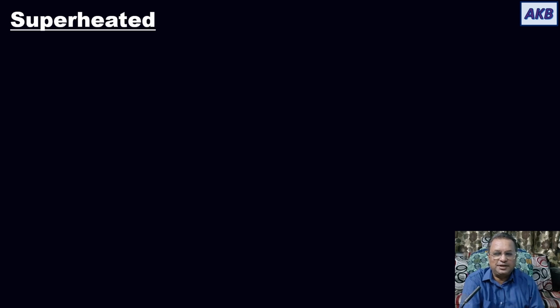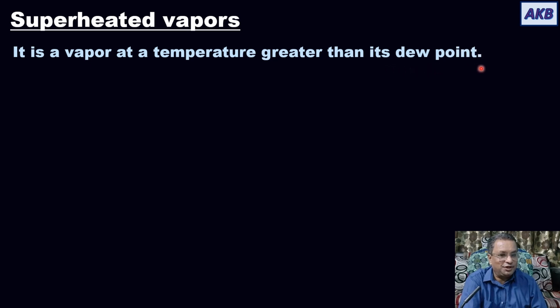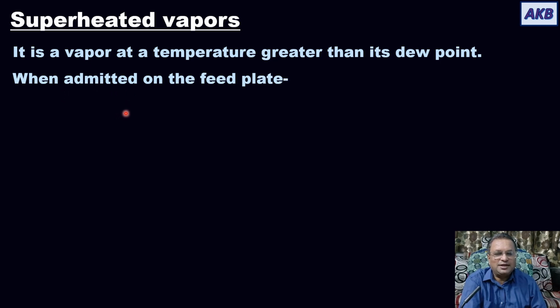Okay. Now let us talk about the last type, that is superheated vapor. Now what is superheated vapor? It is a vapor at a temperature greater than its dew point temperature. So when the temperature of the vapor is greater than its dew point, it would be superheated vapor. When superheated vapor is admitted as a feed, then what happens?